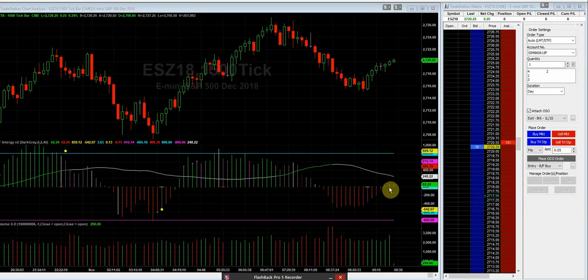We do see it crossing over to the demand side with magenta bars here, but those are very small magenta bars, so it's not heavy demand. And now we would be looking at this, which is a normal demand bar being green, but it is small. In fact, it's shorter right now than even the prior bar.